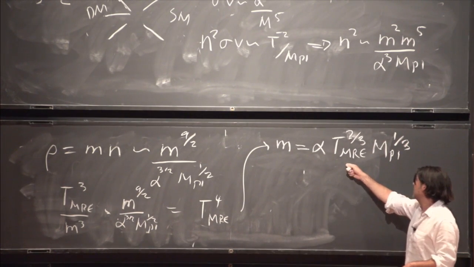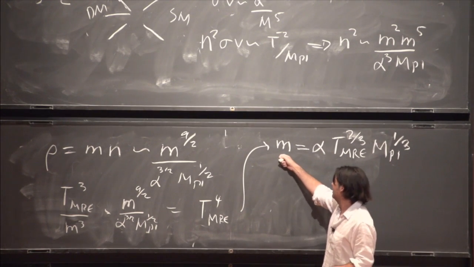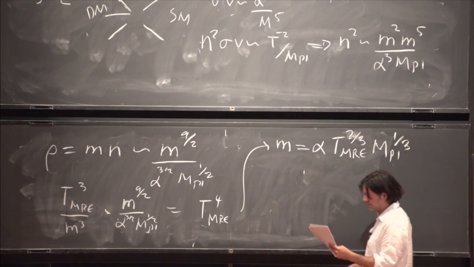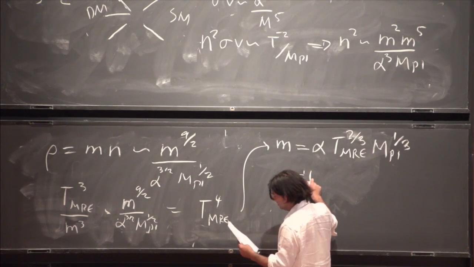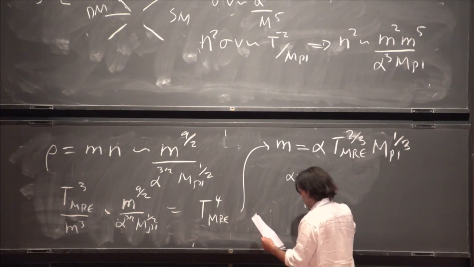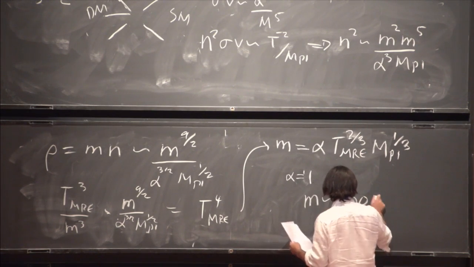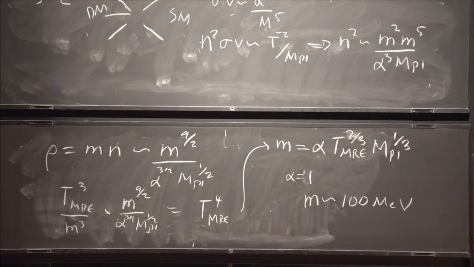So before, for the WIMP miracle, we found that the characteristic mass scale was the geometric mean of matter radiation equality and m Planck. For a 3-to-2 process, you get that the mass is T to the 2/3 m Planck to the 1/3. So if you set alpha equal to 1, imagine it's a strongly interacting particle, then you get m is just equal to this, which is around 100 MeV. Okay. And so people like to call this the SIMP miracle, or strongly interacting massive particle miracle.